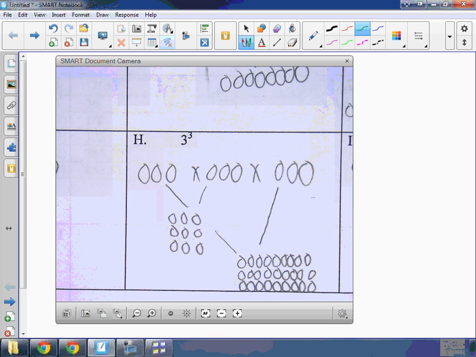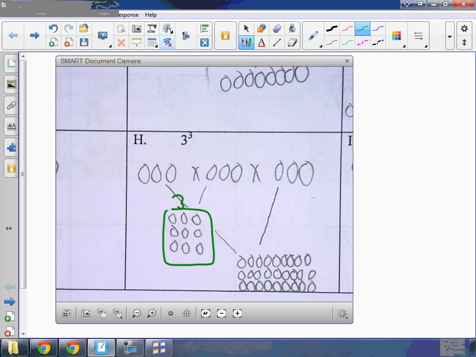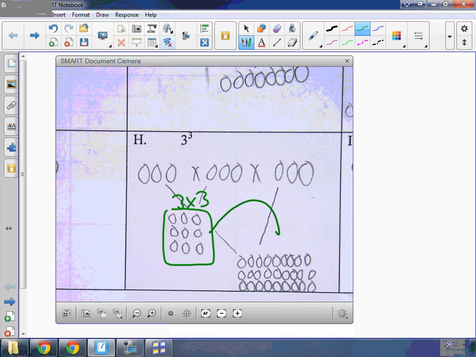So here is my 3 by 3. And what do I need to do to this picture to create 3 to the third? Triple it. Do you see 3 of these in this picture? Yeah. Here is the first set, here is the second set, and here is the third set.